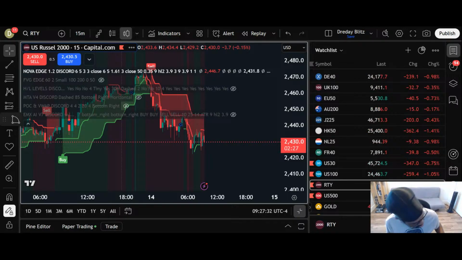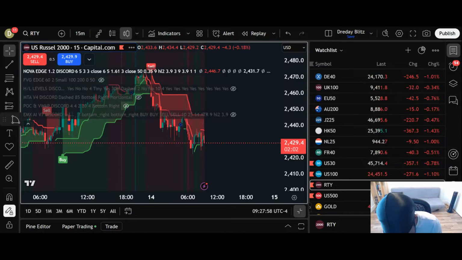We still have 3 minutes left before market open, and we're going to be waiting for our signals coming in after 9:30. The signals will come in between 9:30 and around 10:15. That's pretty much the period that we're going to have some signals coming in.